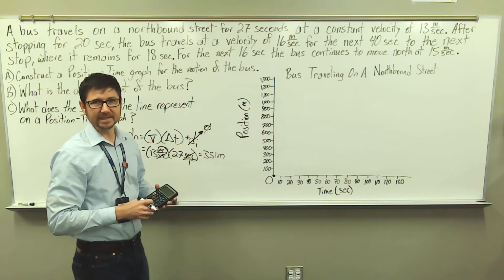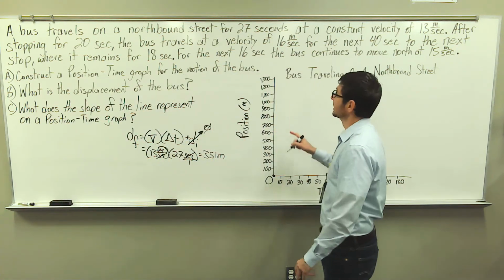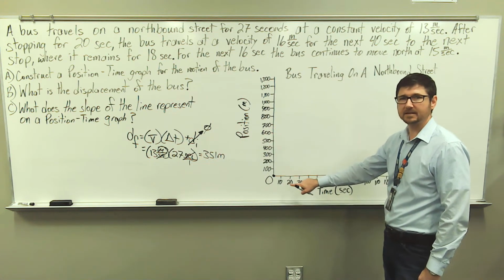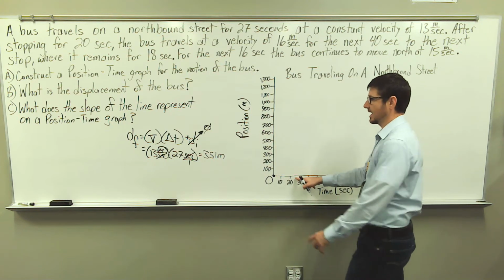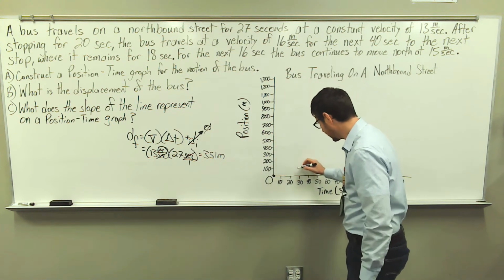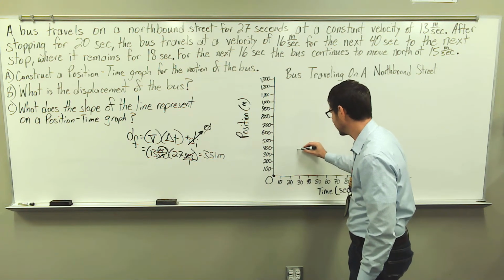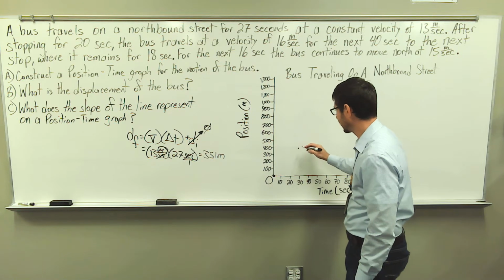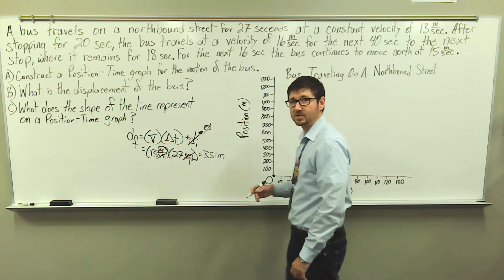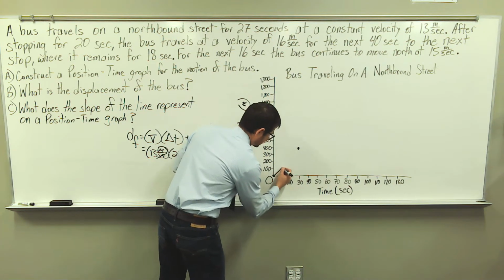We need to identify our next ordered pair. Let's locate 27 seconds on the x-axis, and we're now at a position of 351 meters, somewhere about right here. Let's go ahead and connect our ordered pairs.